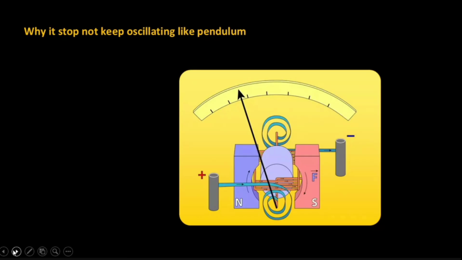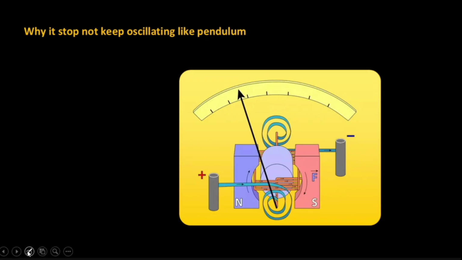So any idea what it is? Some sort of meter, right? And then it has the poles, so some magnetic parts.